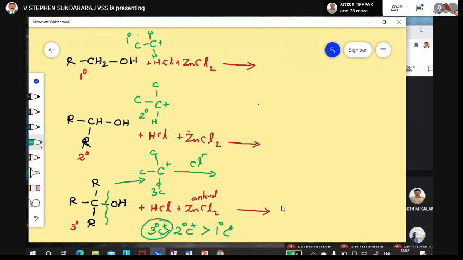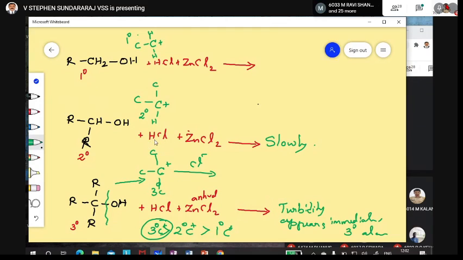So in this reaction, turbidity appears immediately. Okay, write the conclusion. Turbidity appears immediately in a tertiary alcohol. If it is appearing, then the alcohol taken is a tertiary alcohol. If turbidity appears slowly, because the reaction will be a little slow, this is secondary.